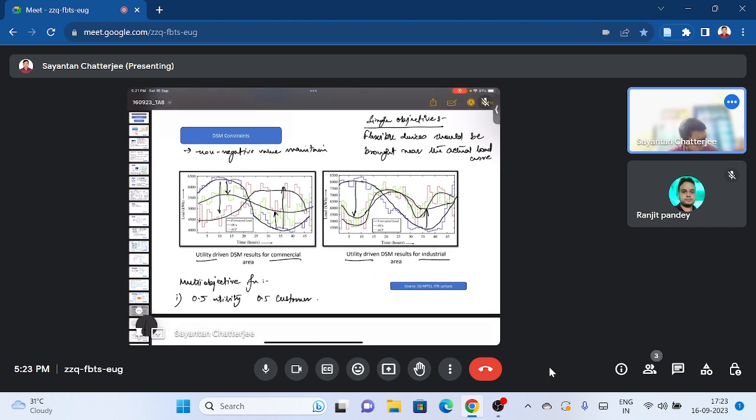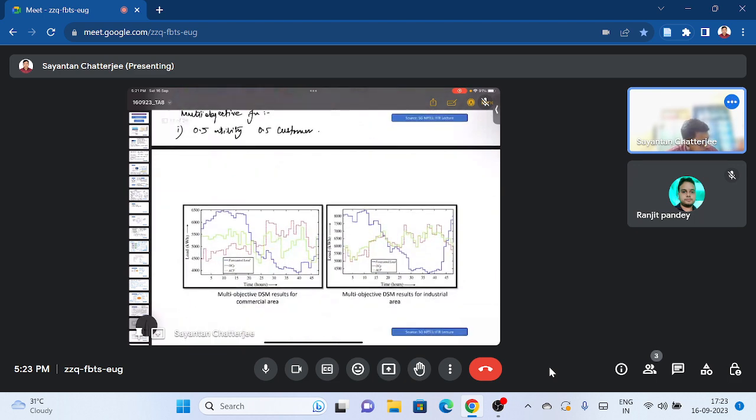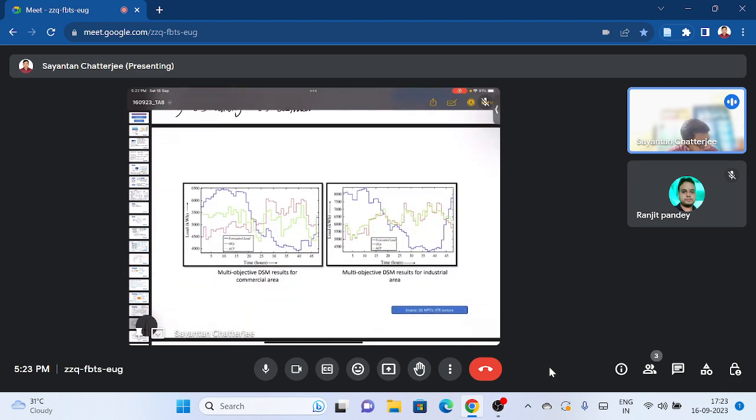So this is for the single objective function based approach. This is for the multi objective function based approach.